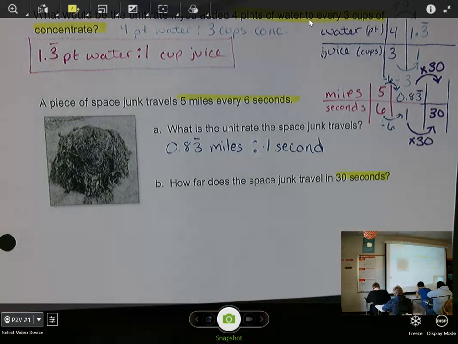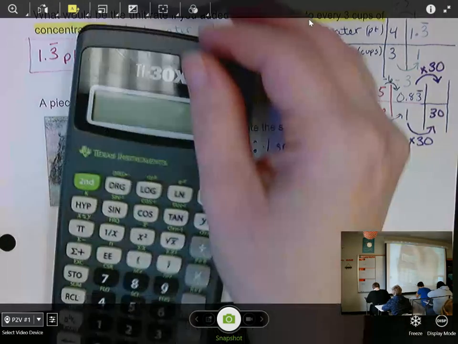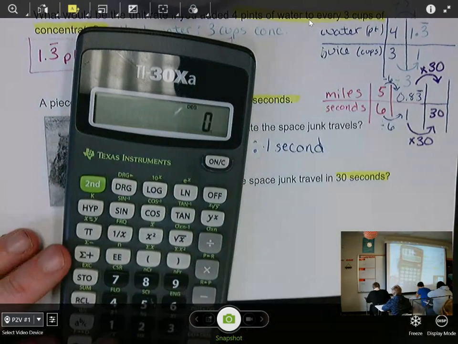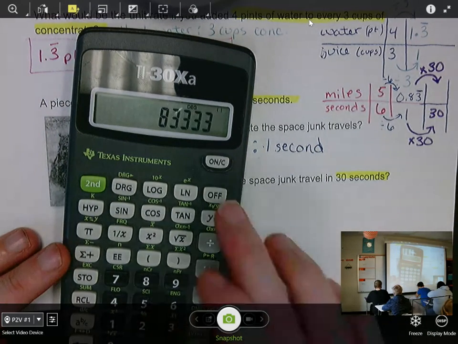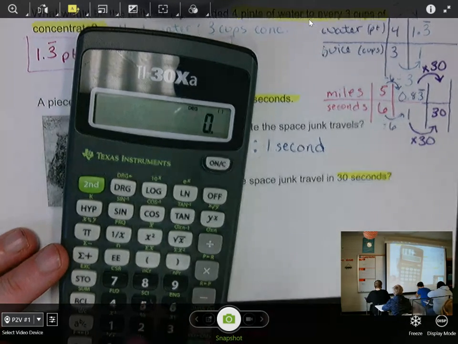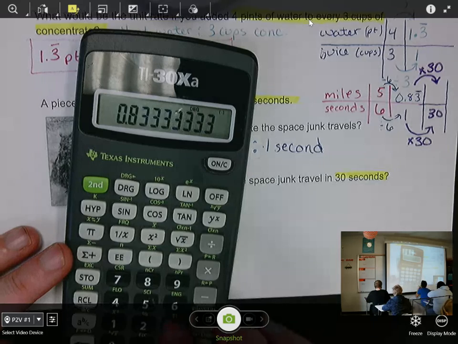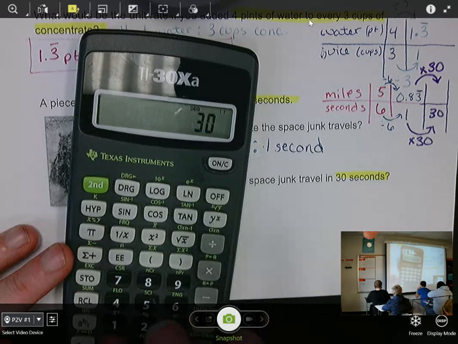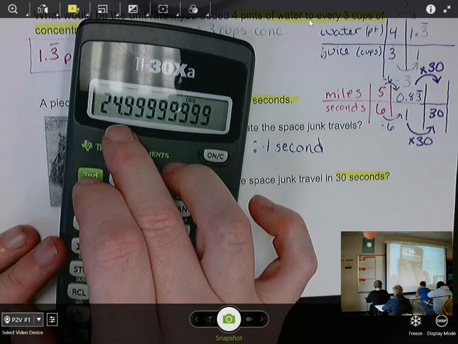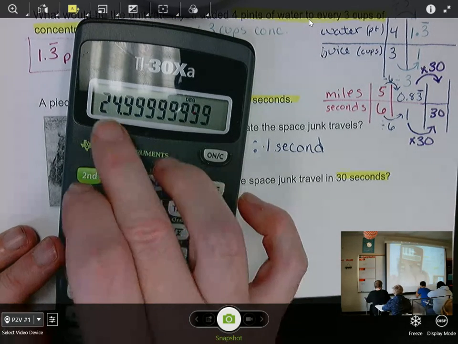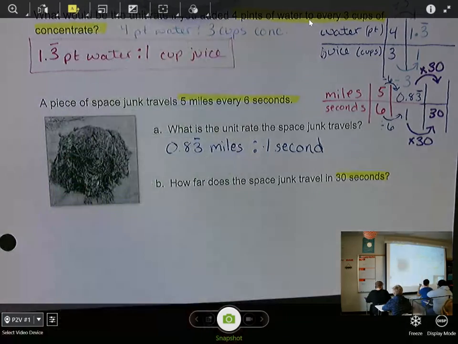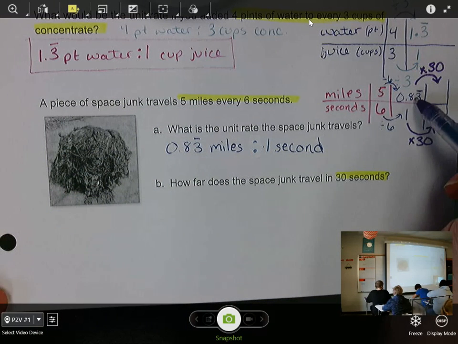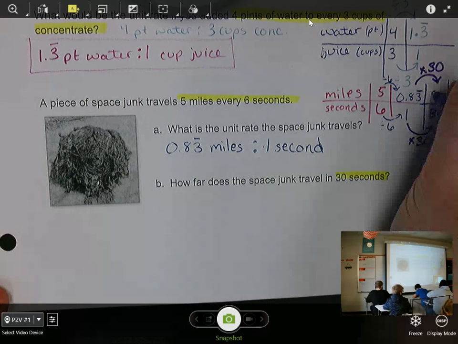If you want to type that in as a decimal, that's completely okay, but make sure you type 0.8333, a bunch of them, times 30, and it says 24.99999. What number would that actually be? 25. That's just because I didn't type in the entire number. So 0.833333 times 30 is 25.